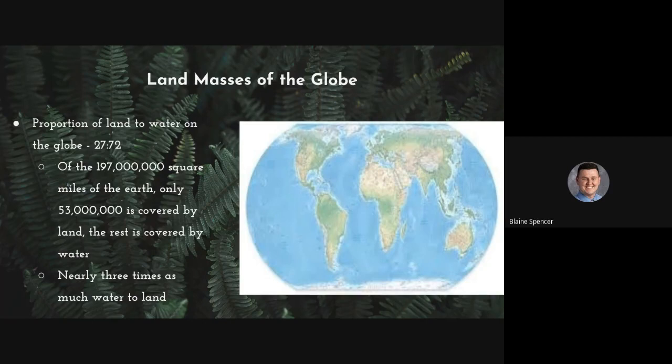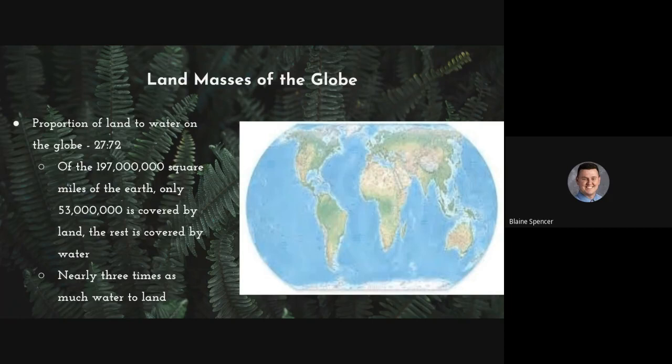It's hard to think about because we spend so much time on land, and we're not really near an ocean, so that's hard to fathom, but the bulk of our globe is water, whether ocean or lakes or rivers.